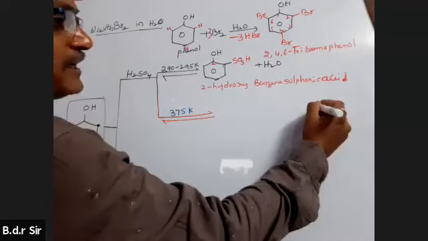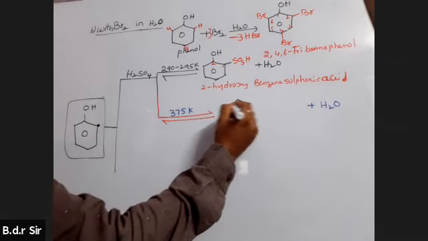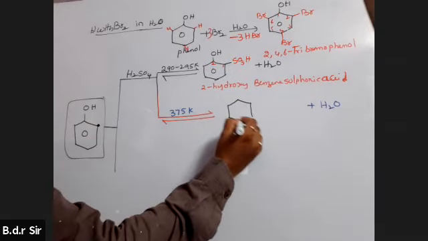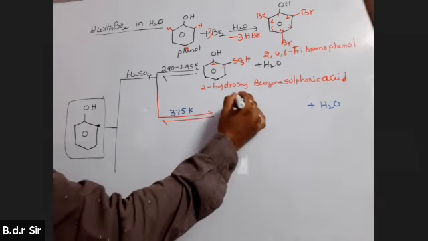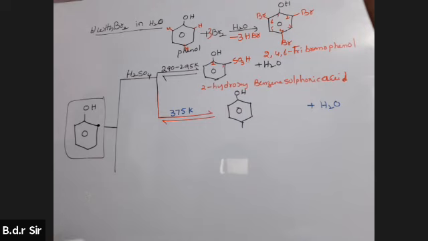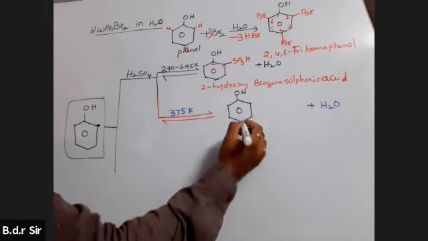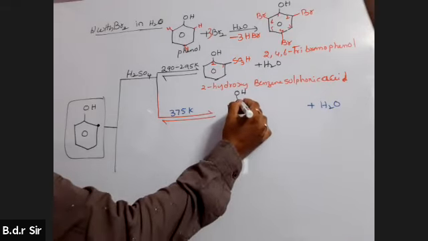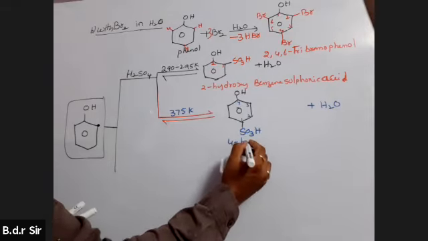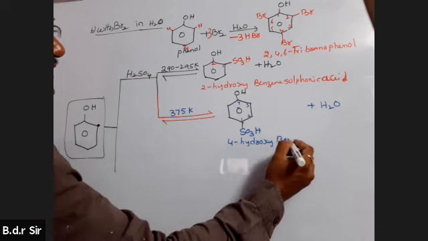What is the remaining? OH, SO3H. Its name: 1, 2, 3, 4, 4-hydroxybenzene sulfonic acid.